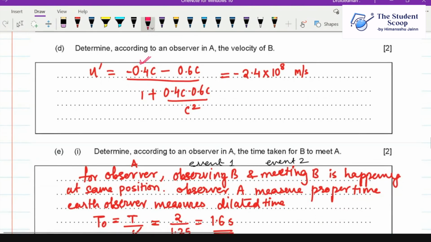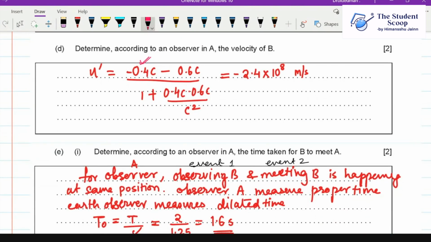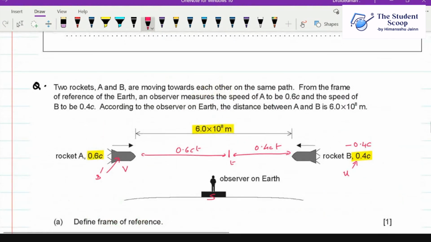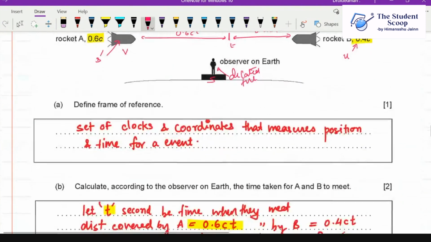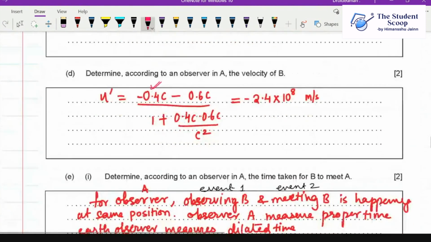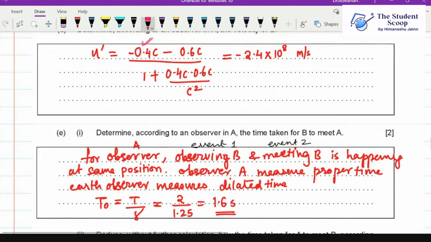According to observer A, what is the time taken for B to meet? For observer A, the events are happening at the same place, so whatever time he measures is the proper time. For the Earth observer, it will be a dilated time. So A will measure proper time and Earth is measuring dilated time.